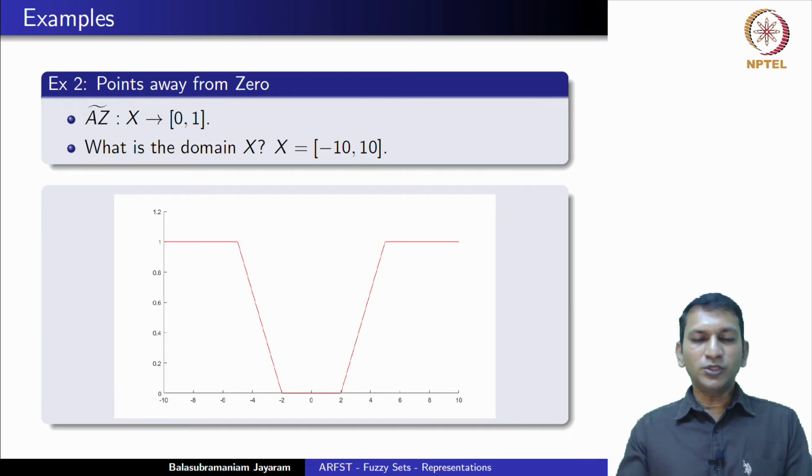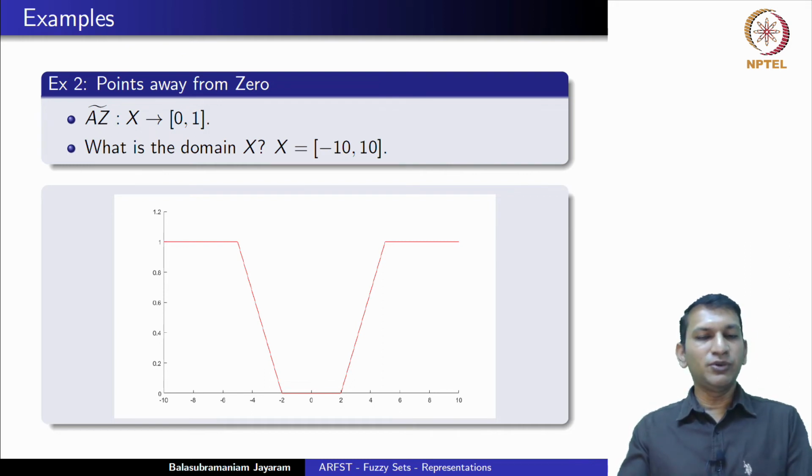But those points whose absolute value is greater than or equal to 5, that means all those points which are less than minus 5 and greater than 5, they have been given a membership value of 1, indicating they are actually prototypical elements of this concept. That is, they definitely are away from 0. And the points between -5 and -2 and 2 to 5, they have graded membership value to this concept. This is one way to represent.